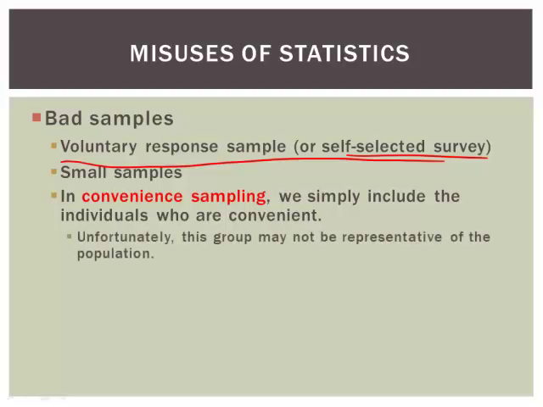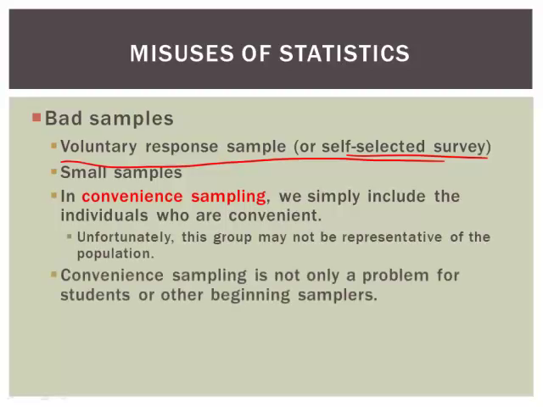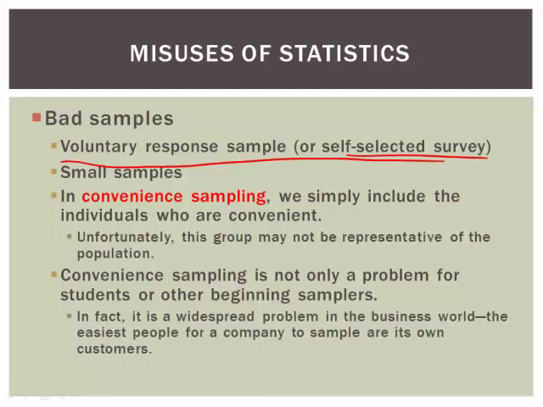This group may not be representative of the population. It's not only a problem for students or beginning samplers. It's a widespread problem in the business world. The easiest people for a company to sample are its own customers. Sometimes that's all we have to go on. Convenience sampling is not nearly as tragic as the voluntary response sample.